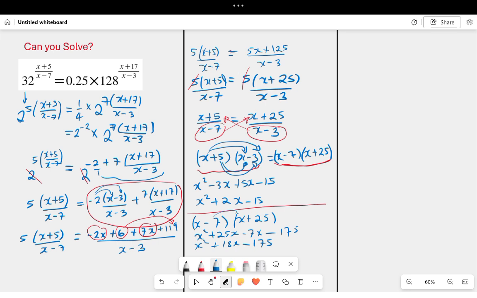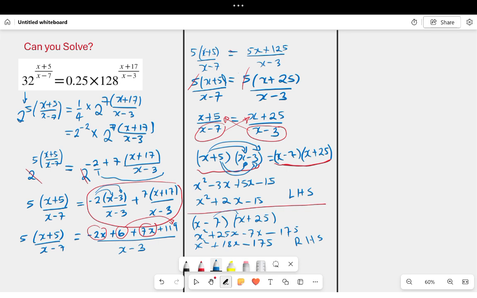Okay, so this is what we had on the left hand side, and this is what we had on the right hand side. We are going to equate both.